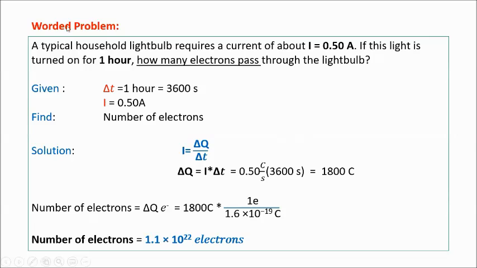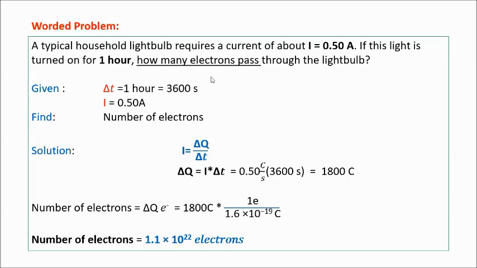So we have this worded problem, an application. A typical household light bulb requires a current of about I equals 0.50 ampere. If this light is turned on for 1 hour, how many electrons pass through the light bulb?